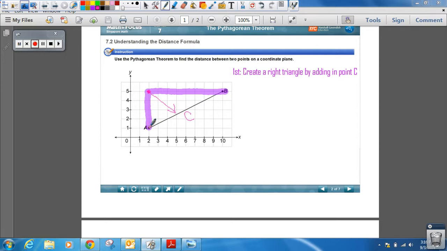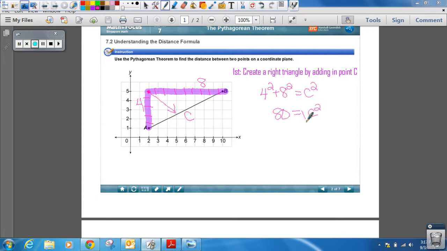So I need to find the lengths by counting on my two legs. So 1, 2, 3, 4 units vertically, and 1, 2, 3, 4, 5, 6, 7, 8 horizontally. So this gives me 4 squared plus 8 squared equals c squared. 4 squared plus 8 squared gives me 80 is equal to c squared.